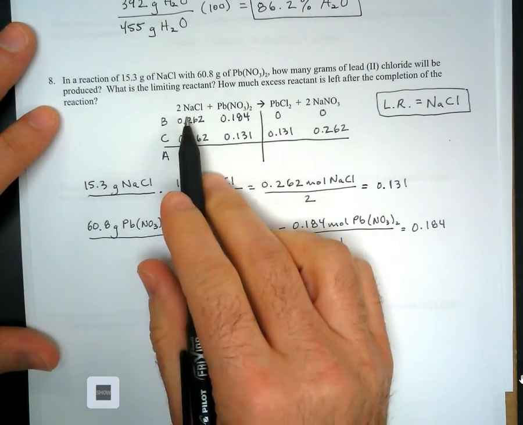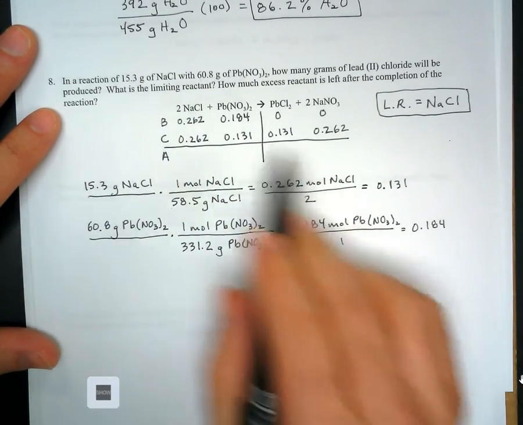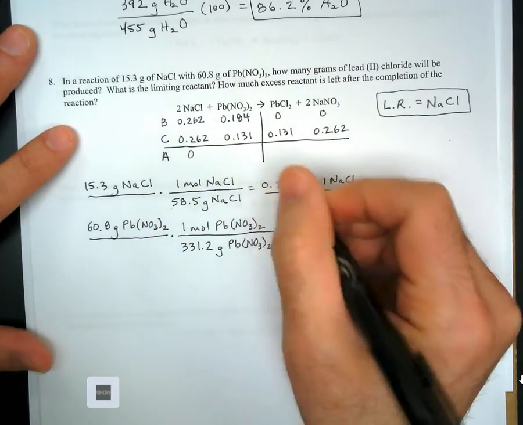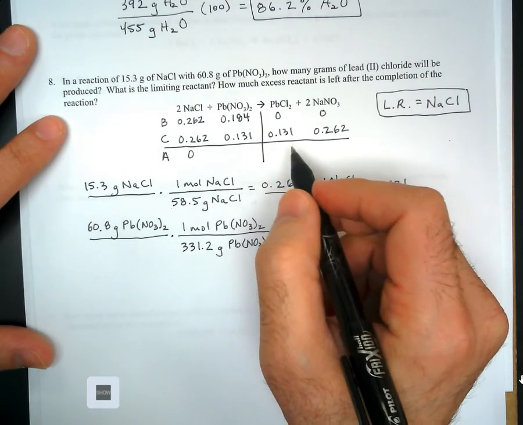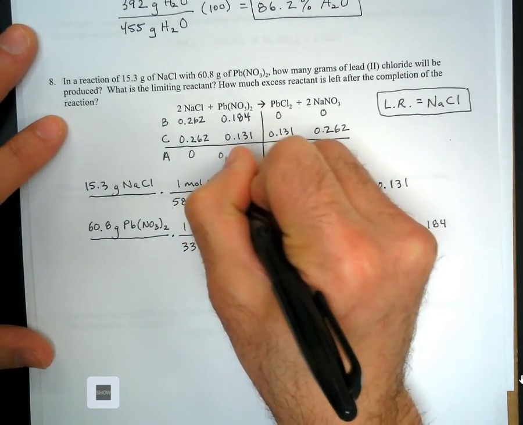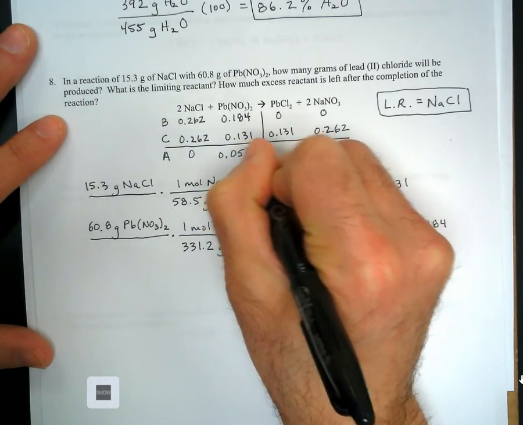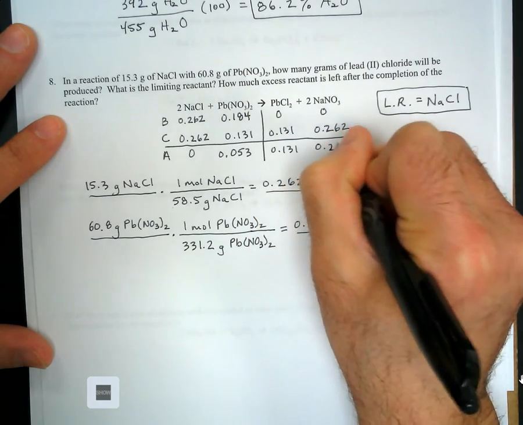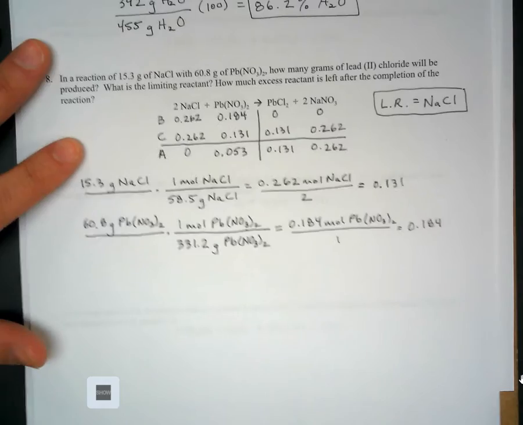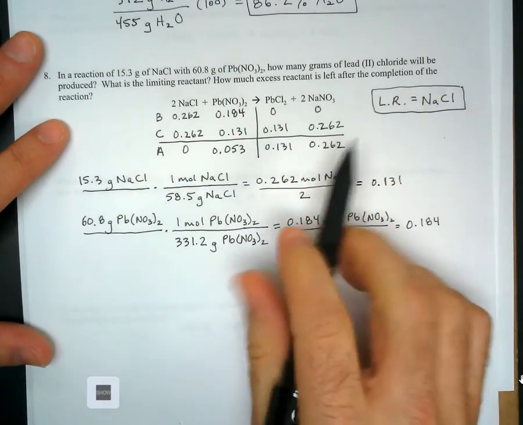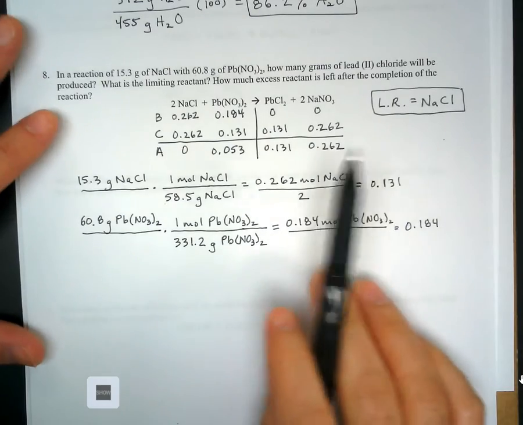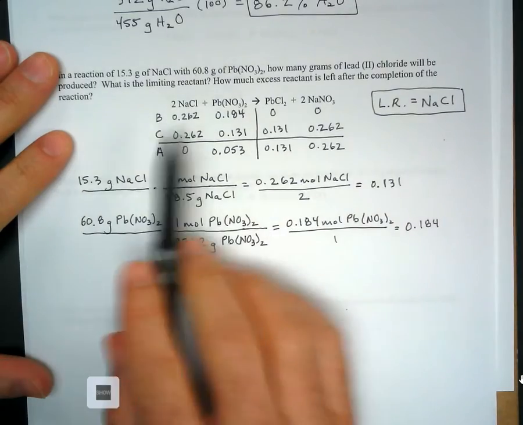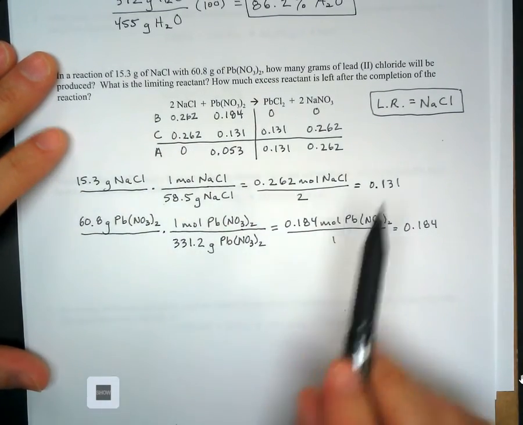Now, to get the after row, we are going to subtract reactants and add products. So that's a 0. This comes out to be 0.053. This is 0.131, 0.262. So now we have all this information. Remember, one of the most important things to remember about the BCA chart itself is that the entire thing is all in moles. Everything you put into the chart should be in moles. Everything you get out of the chart is in moles.